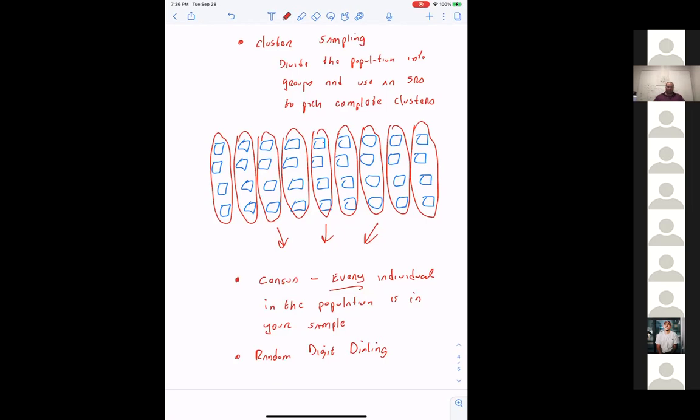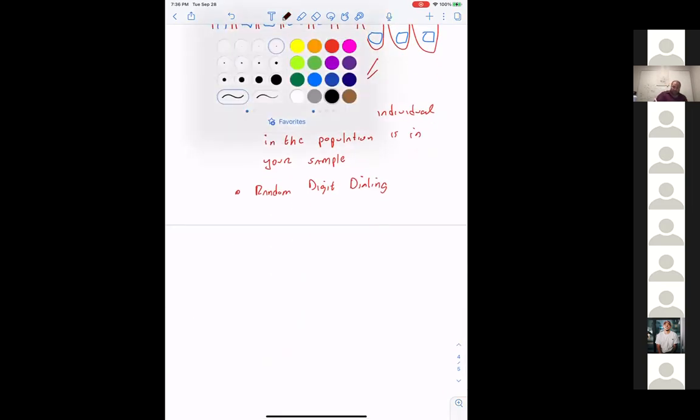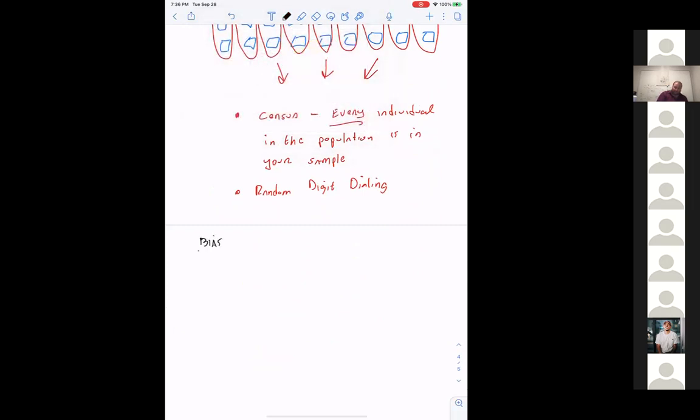Yes. So undercoverage and non-response are two ways of introducing bias into an experiment. We talked about that before. So let's take a minute just to talk about bias. There's undercoverage that can introduce bias. There's non-response that can introduce bias. There's wording bias.